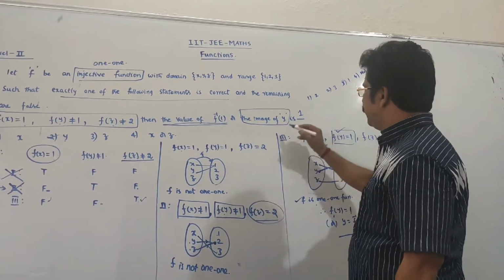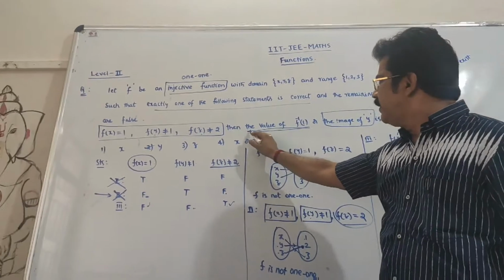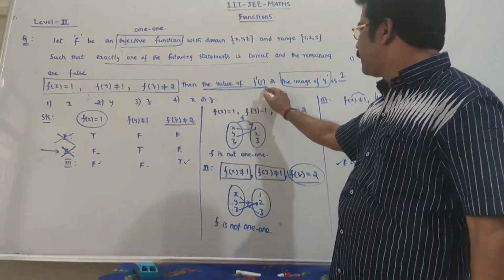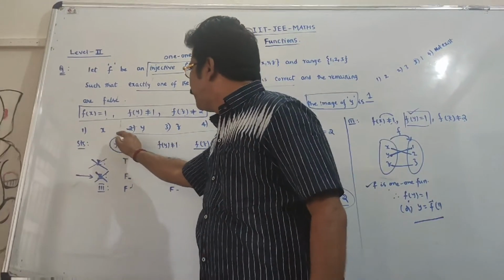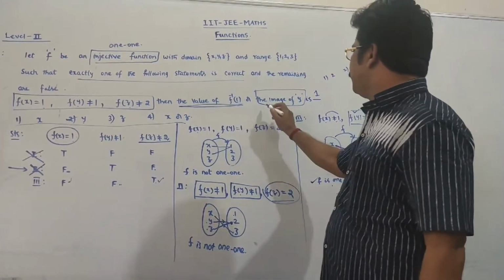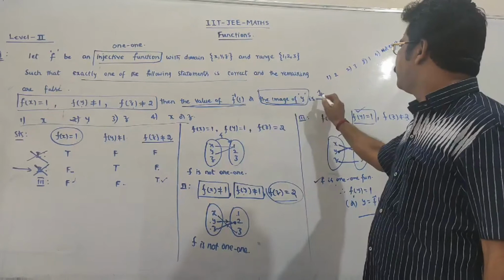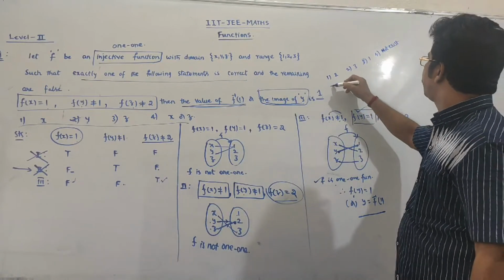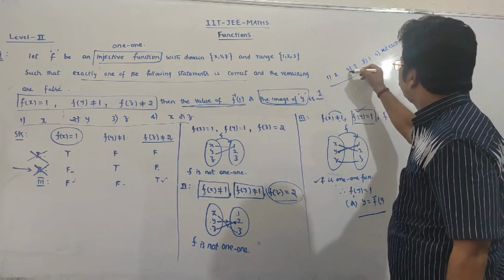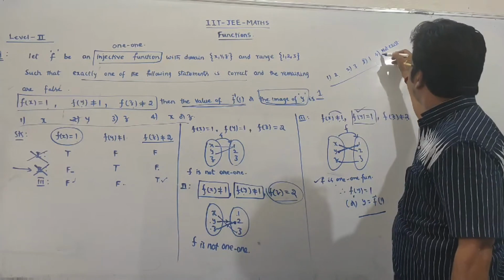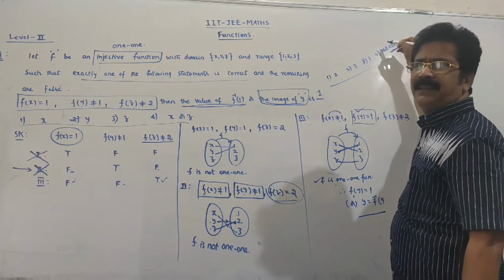If the question is to find the value of f inverse of 1, these are the suitable options. If the question is the image of y, then the answer should be 1, and options may be first option 2, second option 3, third option 1, fourth option not exist, like that.